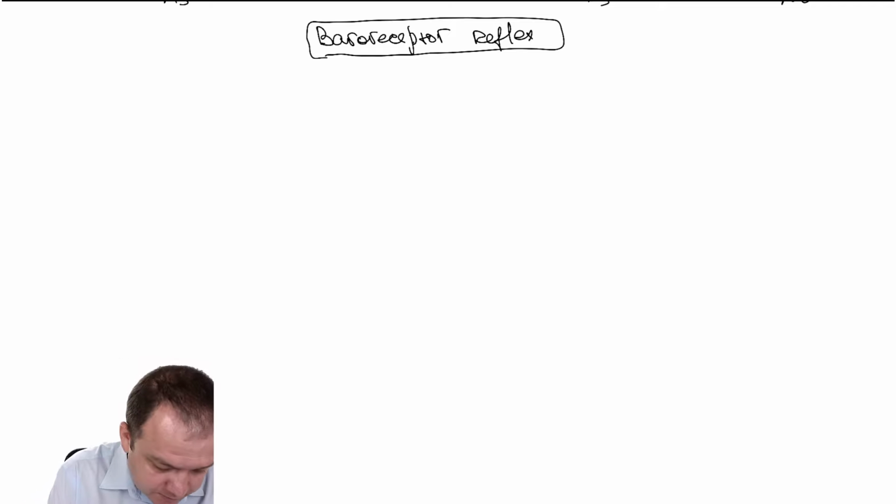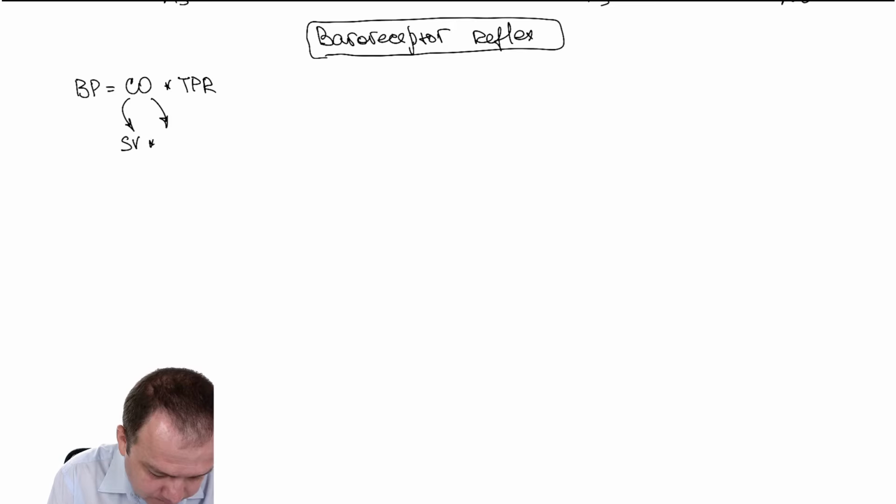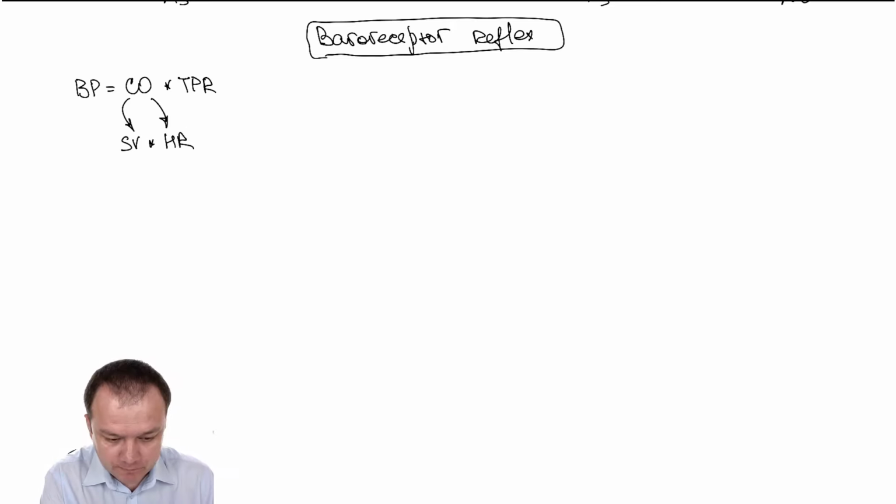So what is blood pressure? Blood pressure is cardiac output multiplied by total peripheral resistance. And cardiac output is stroke volume multiplied by heart rate.